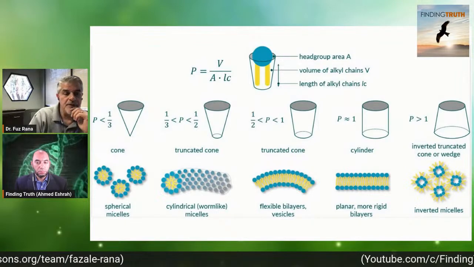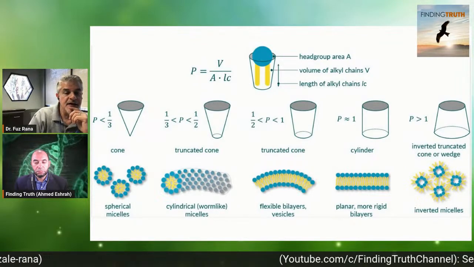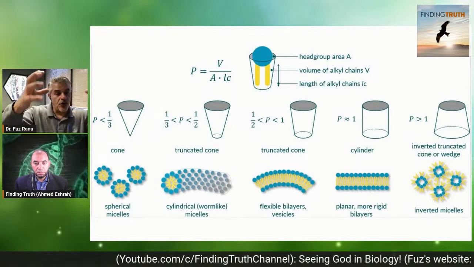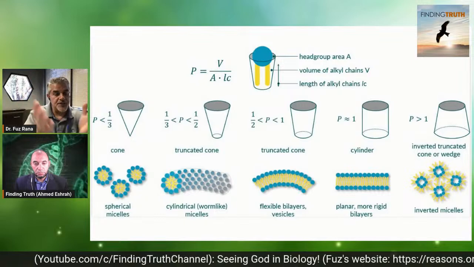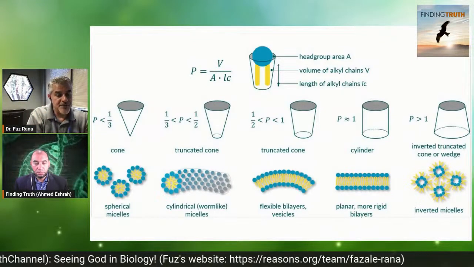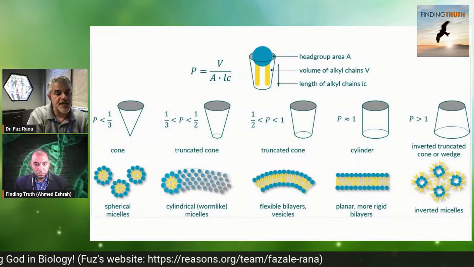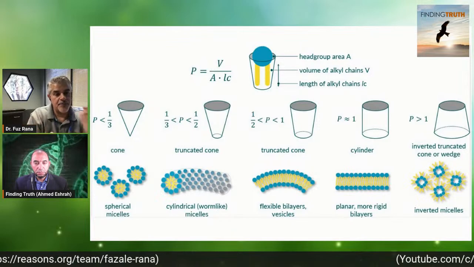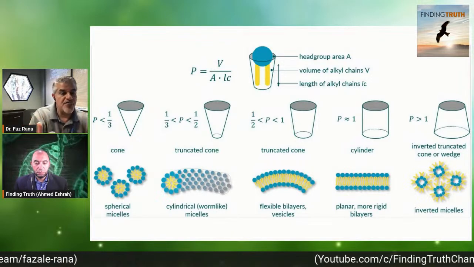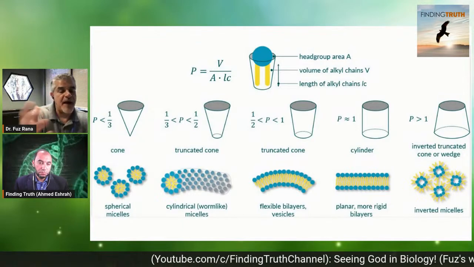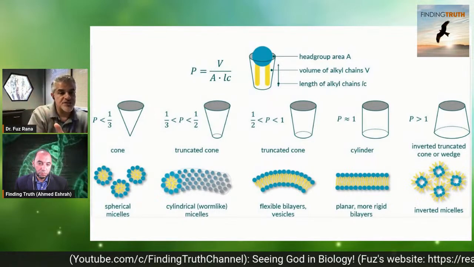So, for example, fatty acids have a very large head group and a relatively small volume for their hydrocarbon tails, and so they end up forming a cone shape. If the packing parameter is less than about 1/3, you get this cone shape.